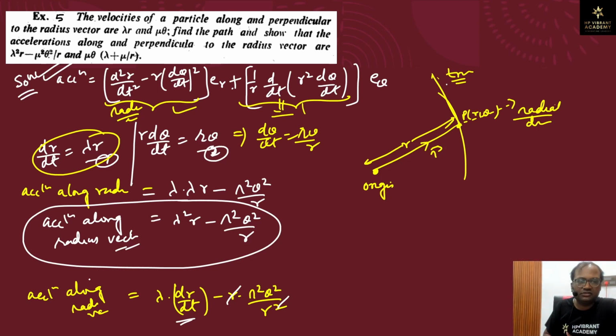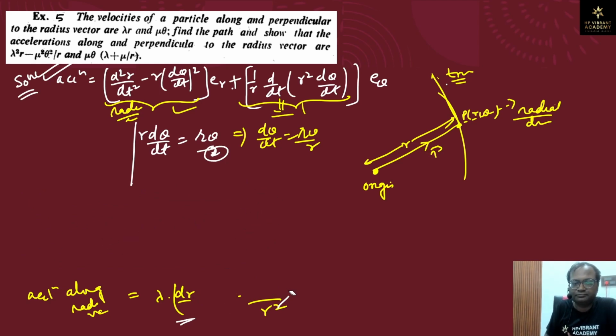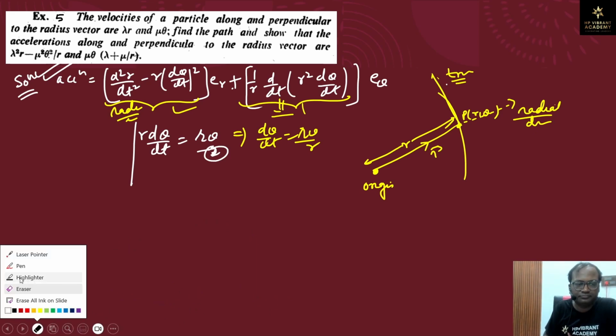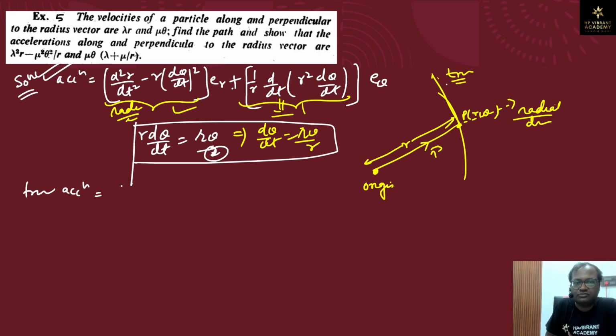Now we have to show the transverse acceleration, so let us find it. The transverse acceleration is equal to (1/r) d/dt of (r² dθ/dt), and we have dr/dt given as λr.